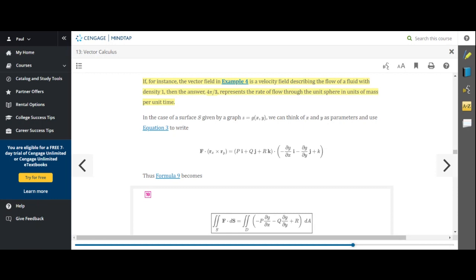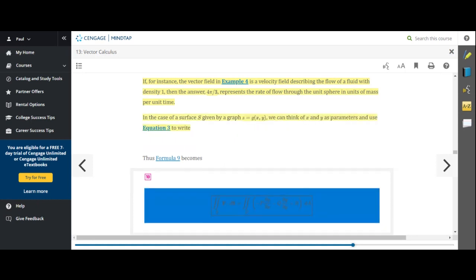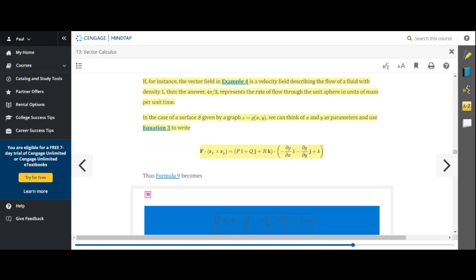But in the case of a surface where the surface can be written as z equals g of x, y, we can think of x and y as parameters, and the cross product of those derivative vectors actually equals what you see there: the negative partial of g with respect to x times i, minus the partial of g with respect to y times j, plus the k vector.